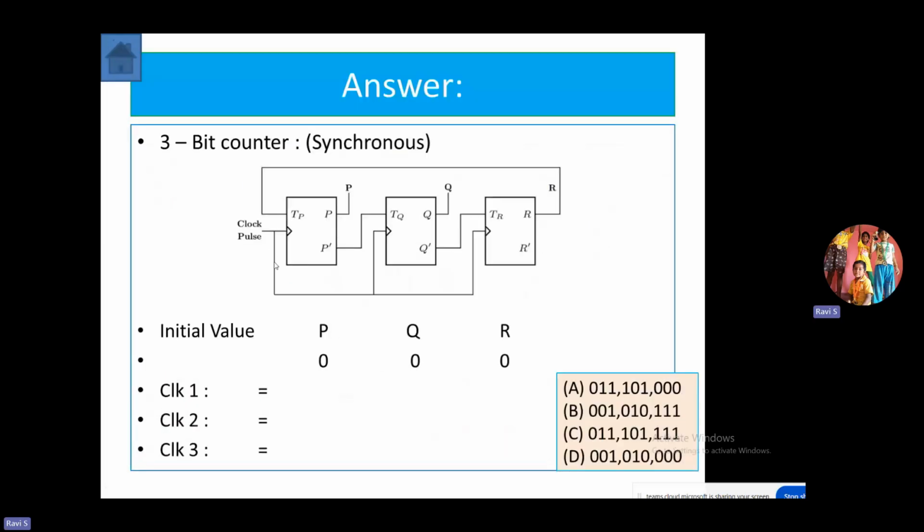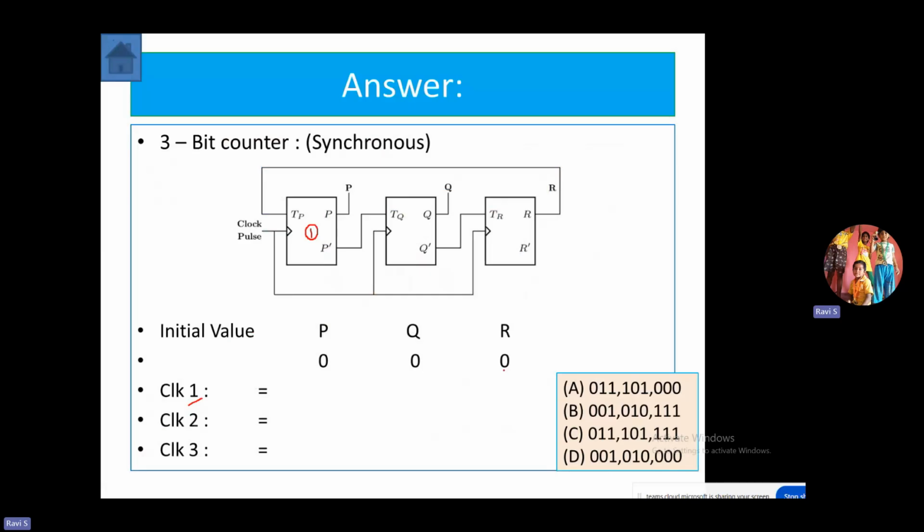For that, let us consider the logic diagram given and also the initial values of the 3 outputs, that means P, Q, R. Now, if we apply the first clock pulse, our flip-flop 1 receives the R output as input.